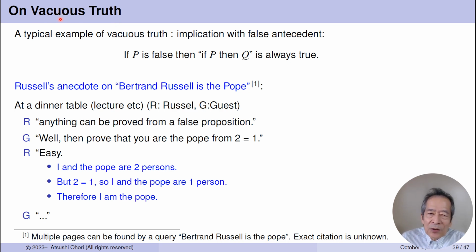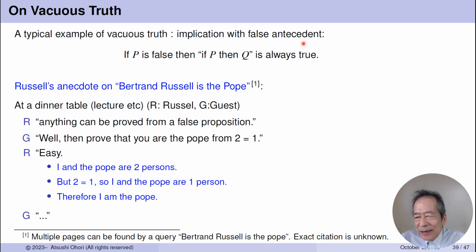The notion of vacuous truth could be an obstacle in understanding logical reasoning with false or a predicate on the empty set. A very typical example of vacuous truth is implication with false antecedent.